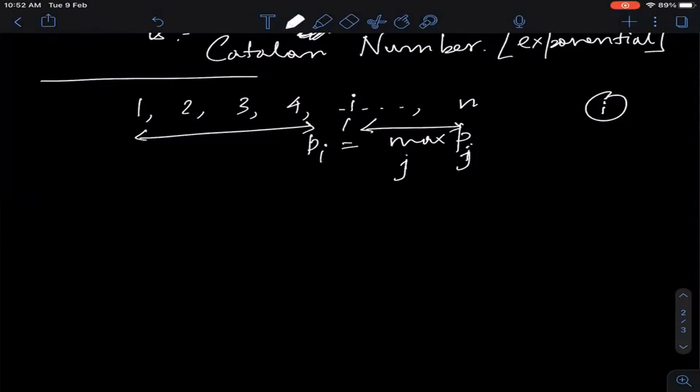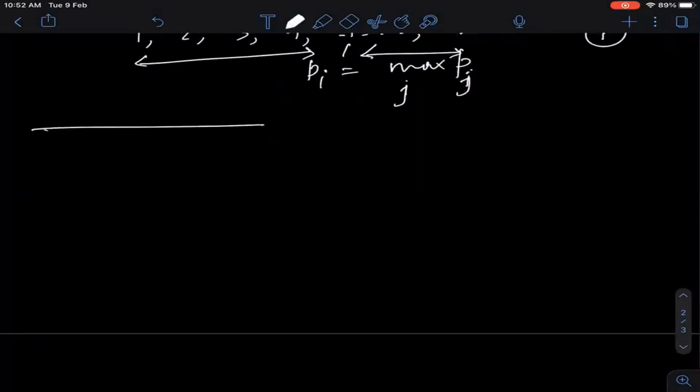So suppose this is the setting. Again, I have just 4 nodes. So greedy is not optimal.